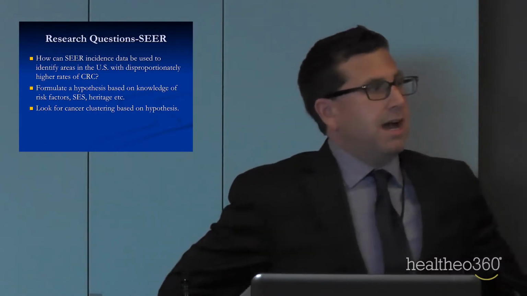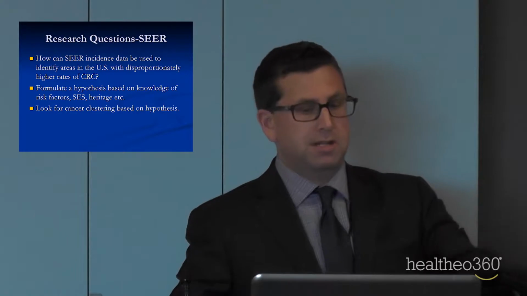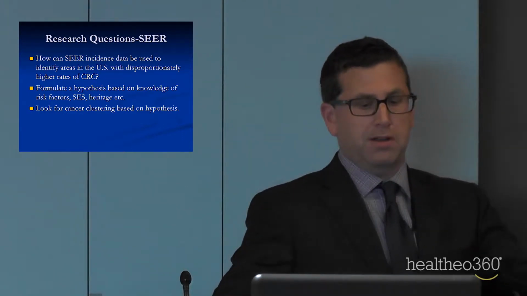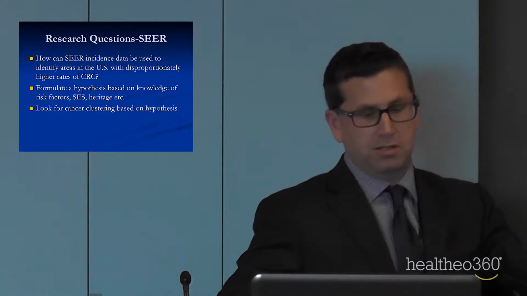So the research questions I have regarding SEER, and I'm going to focus on the CER later on, is how could SEER incidence data be used to identify areas in the US with disproportionately higher rates of colorectal cancer? This is a pretty simple question. To follow through on this, you have to have a hypothesis based on regional clustering of risk factors or perhaps heritage that will allow you to use the SEER registry to hone in on an area and try to correlate your hypothesis with increased colorectal cancer incidence rates.